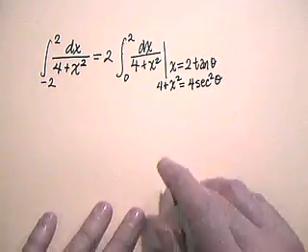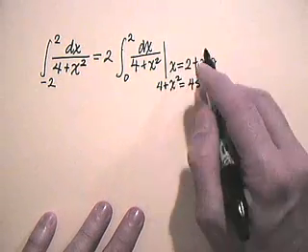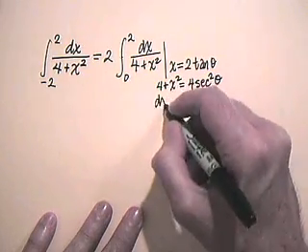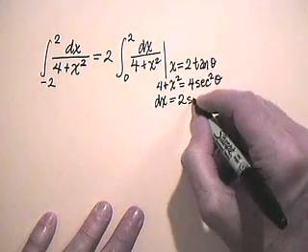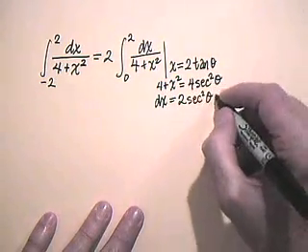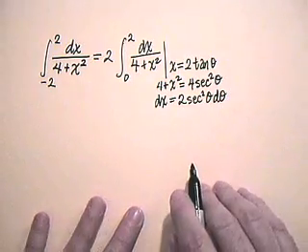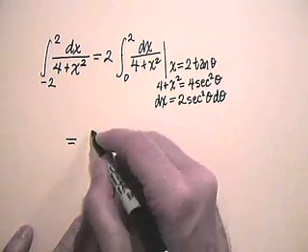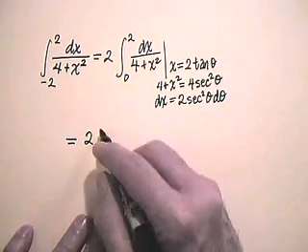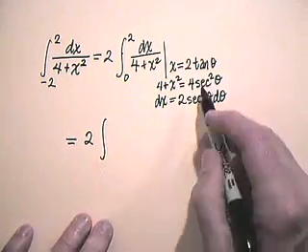Now, if that's the case, then dx itself is 2 times the derivative of tangent theta, which is secant squared theta, d theta. And so now we can substitute in. We have 2. Well, what about our limits?